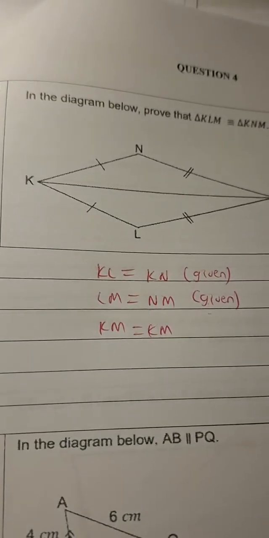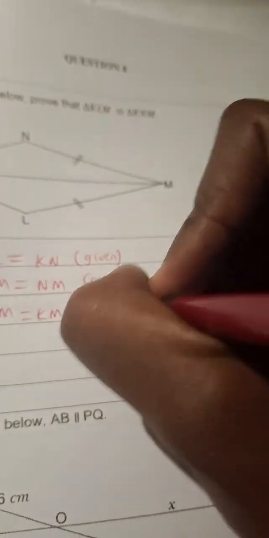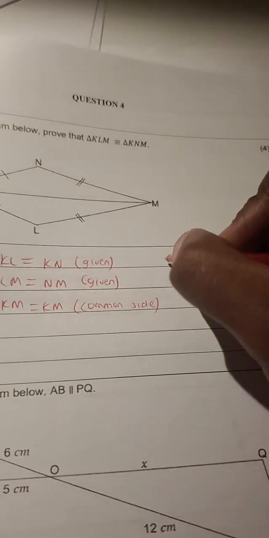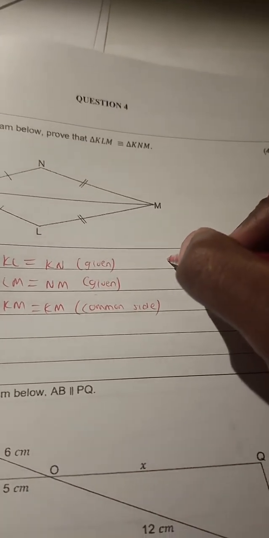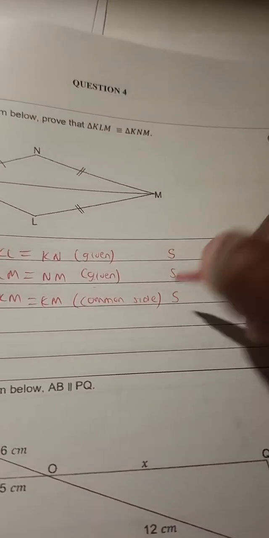So we can say that KM is equal to KM. In other words, the first and last is equal to the first and last. The KM is equal to KM. And our reason for saying that is we say common side. Guys, I've just identified how many pairs of sides being equal. This is my first pair. This is my second pair. This is my third pair.